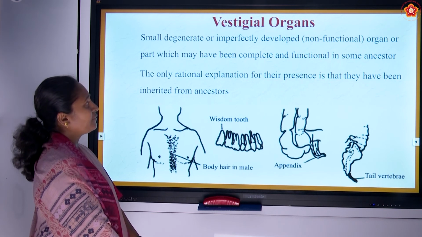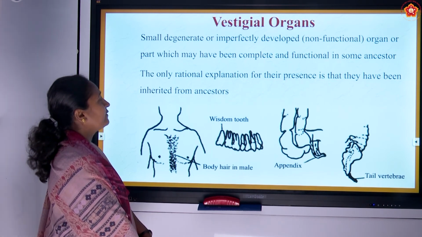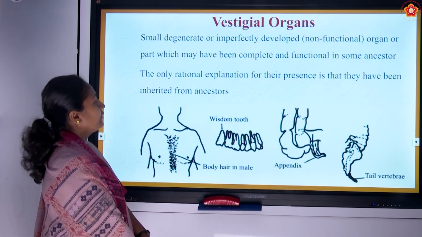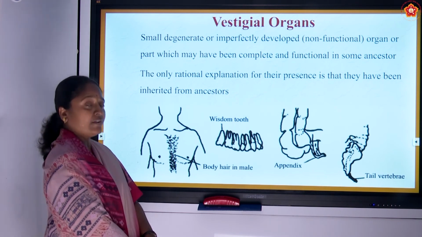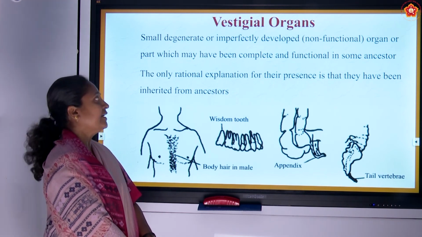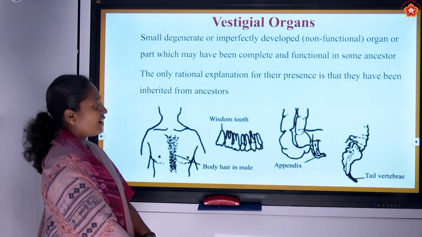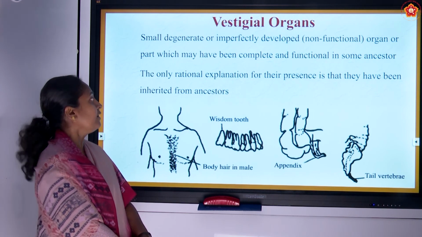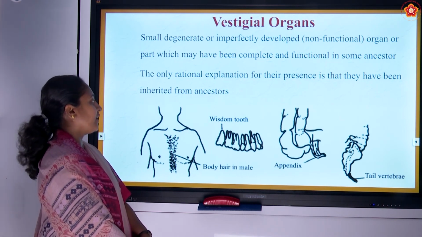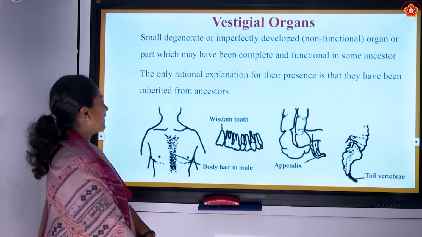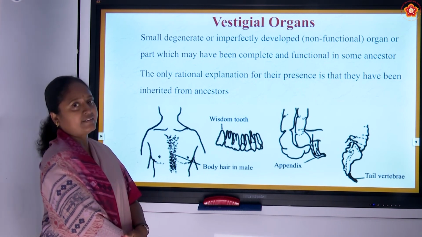So these are some examples of vestigial organs. A vestigial organ had a complex function in the ancestor, but it does not have any functionality in the organism, that is in humans. So it explains that we have originated from our ancestors, where these organs had certain functions.